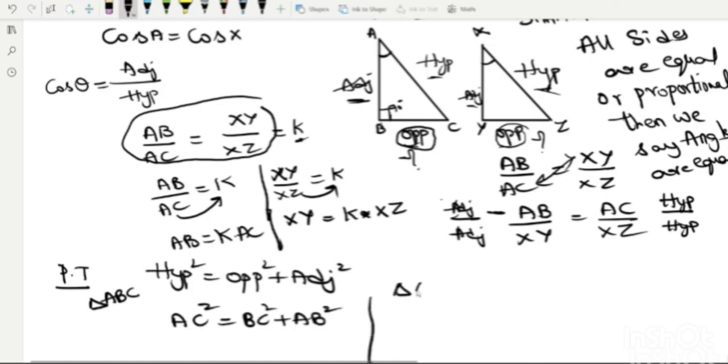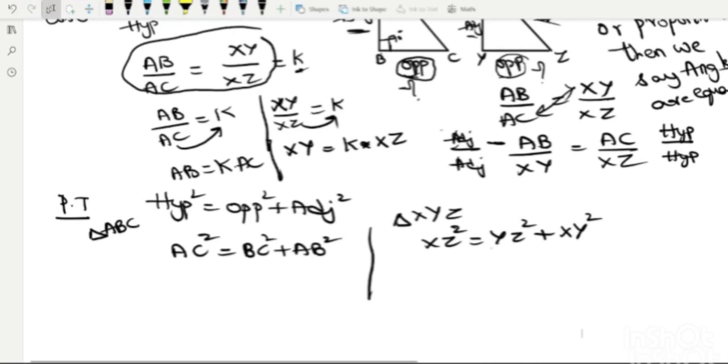Now for triangle XYZ, if you use the Pythagoras theorem here, the hypotenuse side would be XZ square equals the opposite side YZ square plus the adjacent side XY square. I hope you are clear till this.